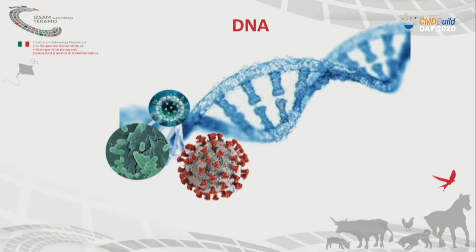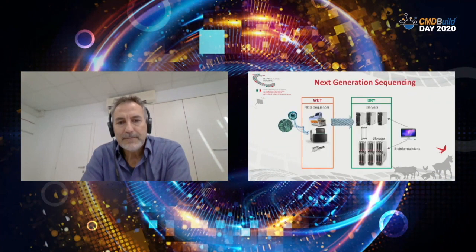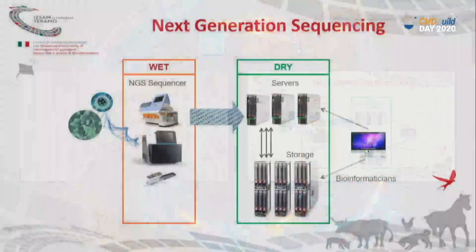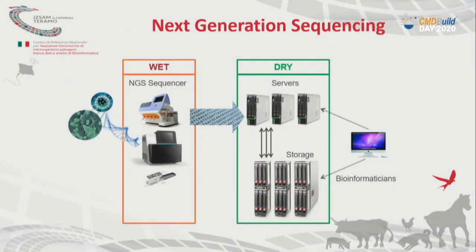DNA is a way in which microorganisms can be analyzed, understood and typed. This is very well known in biology. I don't know how many poor IT people like me have knowledge about this, but in some sense, the laboratories for sequencing can be divided by arrival of microorganisms, DNA extraction, and the sequencing.